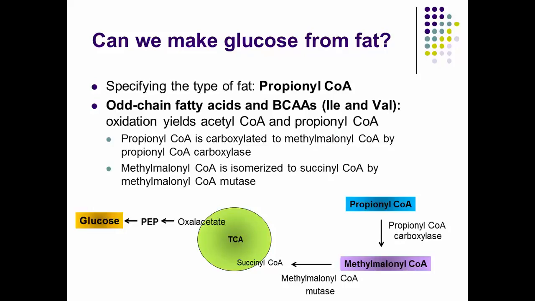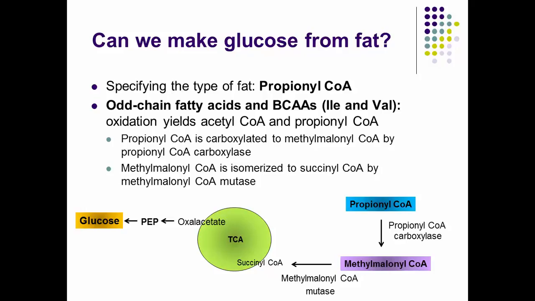And the second type of lipid or fat is propionyl-CoA. This is a metabolite of odd-chain fatty acids and branched-chain amino acids, right? So propionyl-CoA comes from the oxidation of odd-chain fatty acids and branched-chain amino acids like leucine or valine.